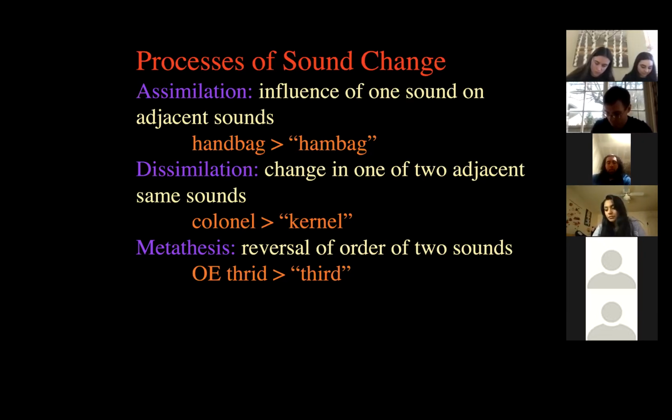What did we do to the thrid? The R and the I switch. We flipped the R and the I, exactly. And that's called a what? Metastasis. Not metastasis. Metathesis. I know, it's easier for me to say metastasis if you think about it, but it's metathesis. The accent is on the second syllable. Okay, moving on.